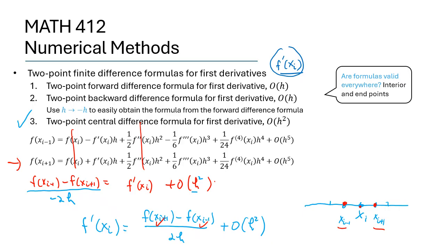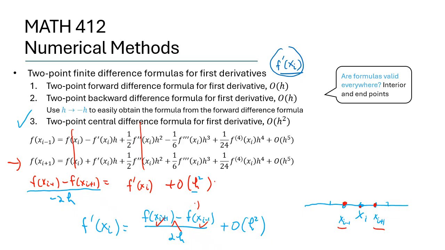Of course, you could say it's plus 0 times f of xi, and in that case it would be a 3-point central difference formula, but actually it's 2, because this point doesn't play a role in the formula.